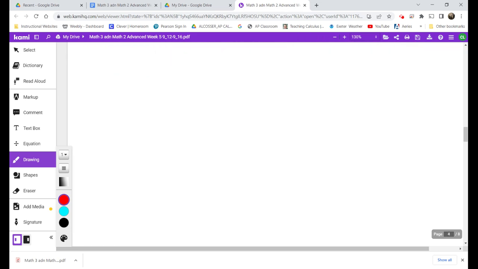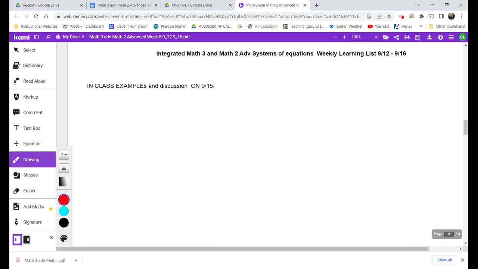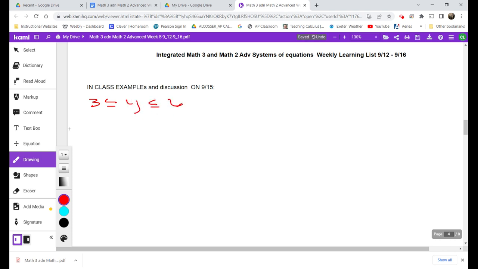I'm going to do an example here real quick, and we'll do another one tomorrow. So I'm going to give you this one. It's example 1. This is 3 less than y, which is less than 6. And then y is less than 3x plus 12.